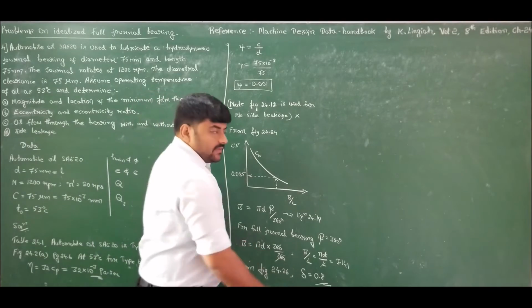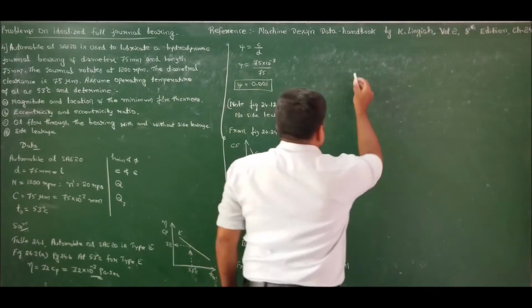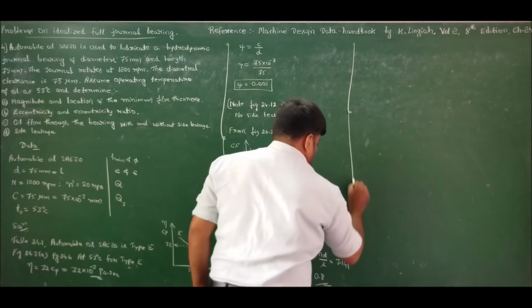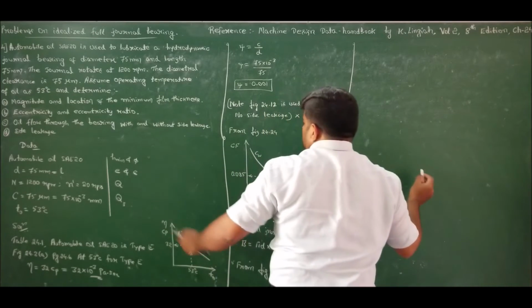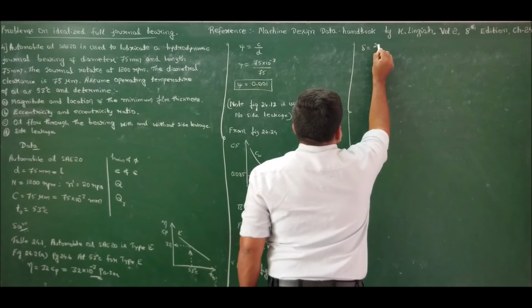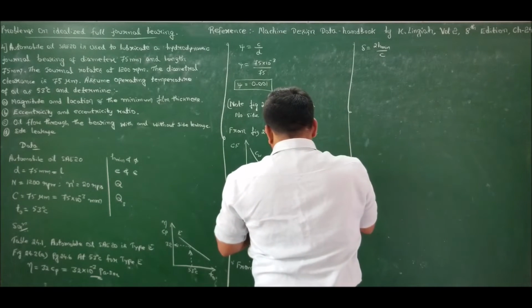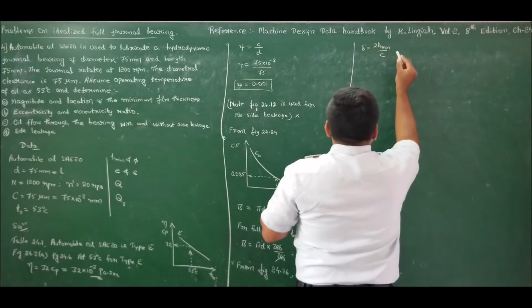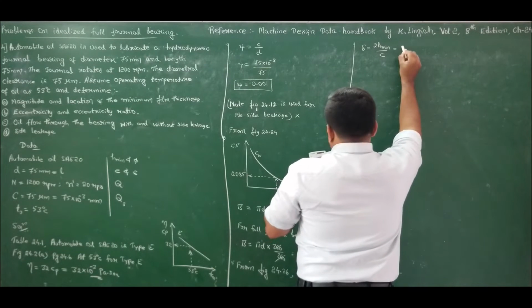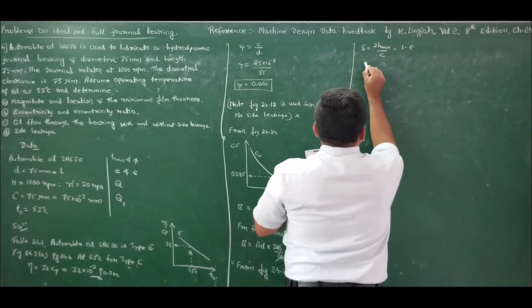Once I calculate the value of delta, I can easily compute the minimum film thickness, because we know that delta is equal to 2 h minimum by C. This is equation 24.33, page number 24.14, which is also equal to 1 minus epsilon.